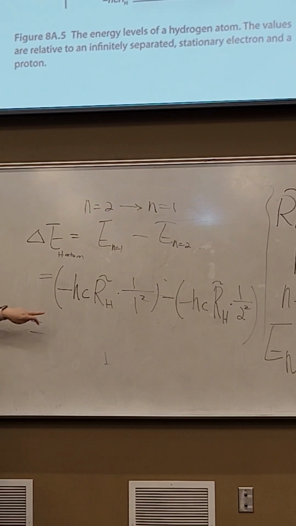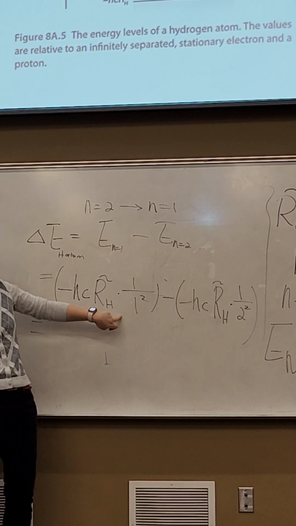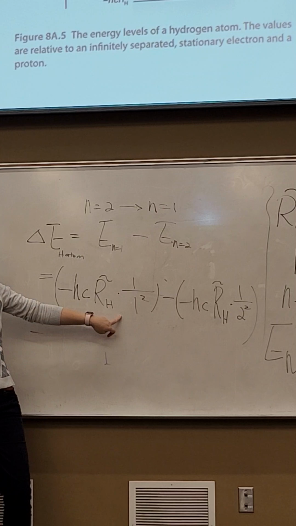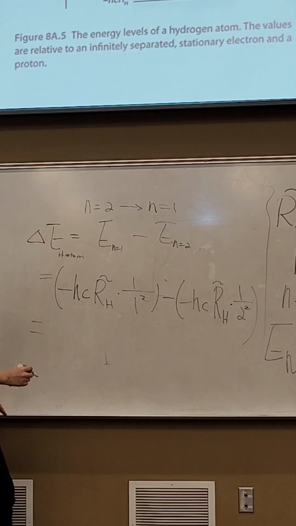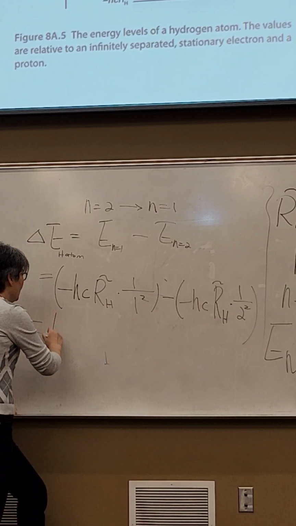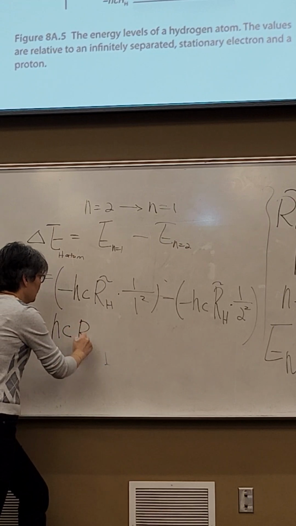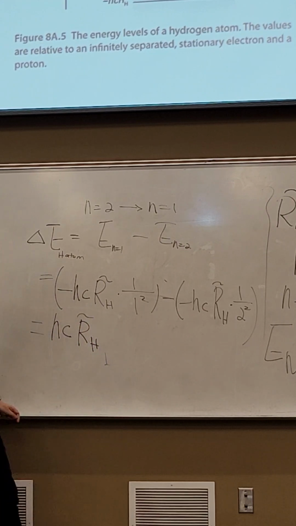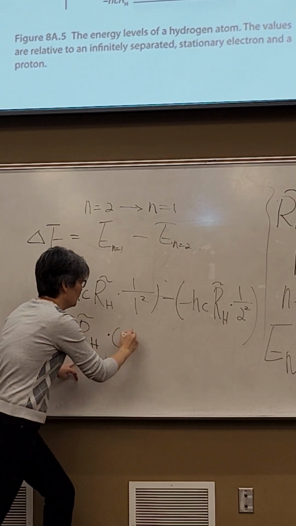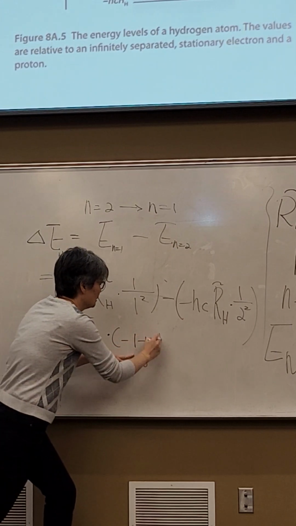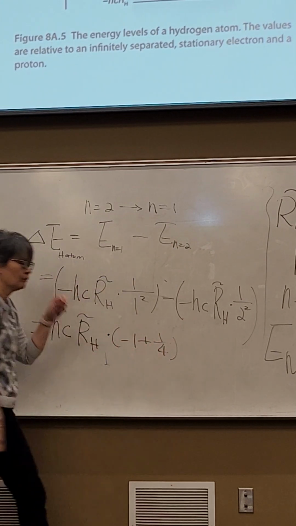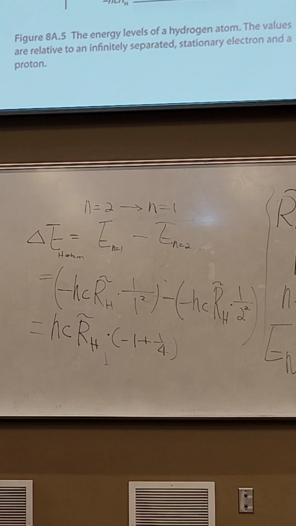Now we can combine the terms. How can we combine the terms? hc and the Rydberg constant are exactly the same, so you can take that out. So you're going to have hc times the Rydberg constant, then what do you have here? Negative 1 plus 1/4.